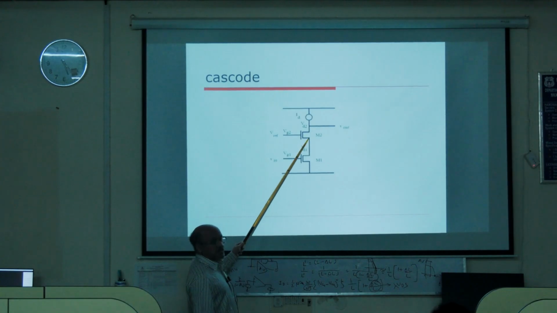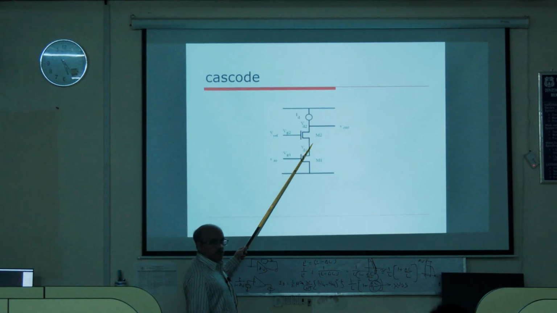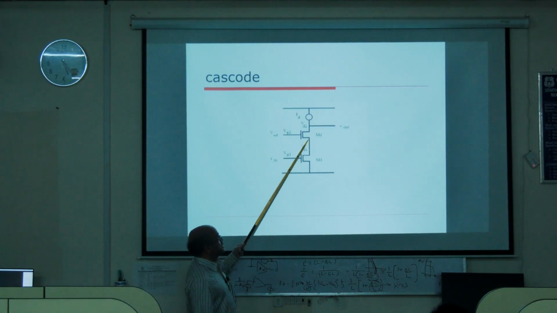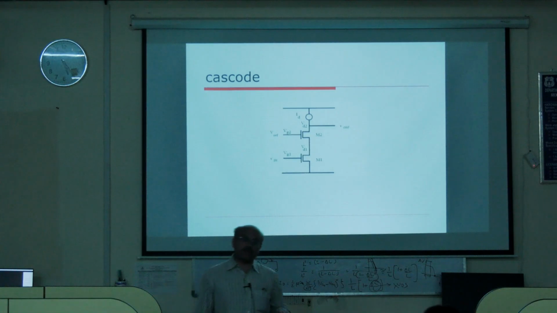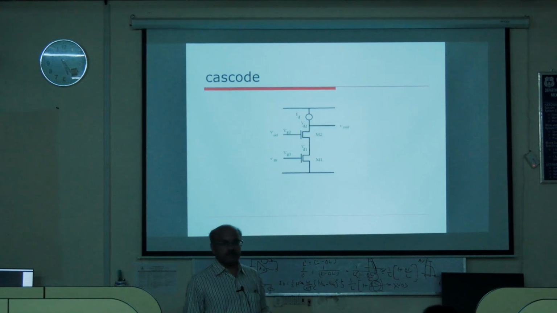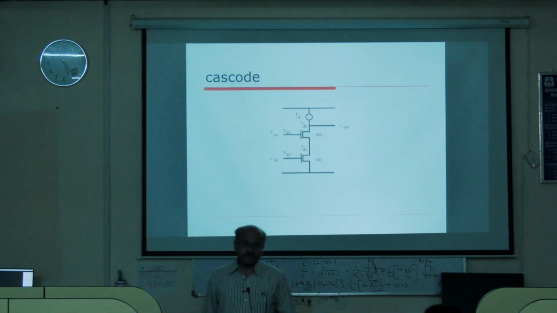Vs2, this is transistor M2. Vs2 is same as Vd1. S2 and D1 are connected together. So, obviously Vs2 is same as Vd1.